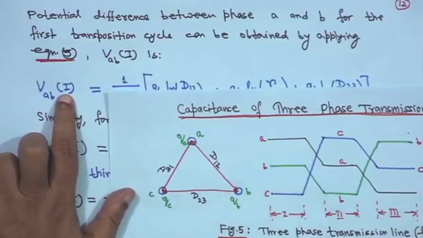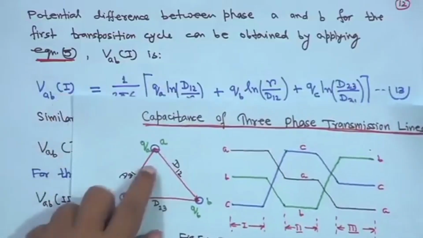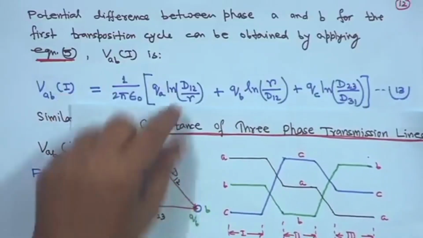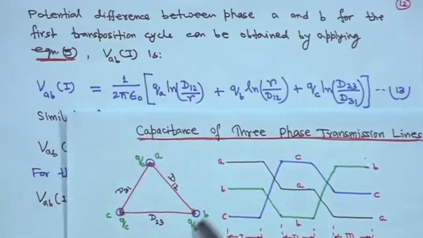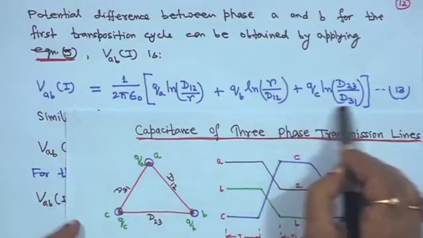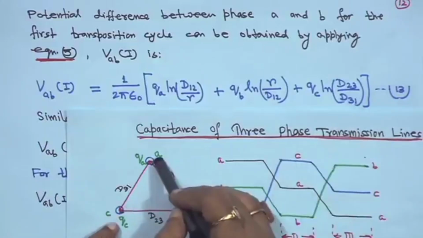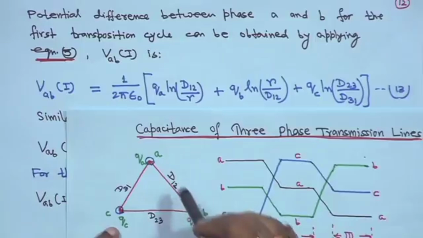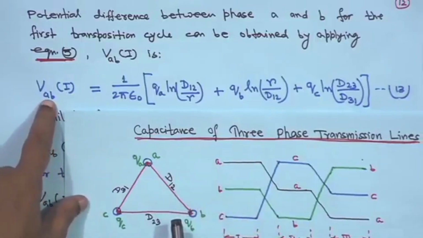Therefore, this will be 1 upon 2 pi epsilon 0 QA ln D12 upon R, where D12 is nothing but DAB, then QB ln R upon D12, and plus QC ln D23 divided by D31, because you want to find the potential VAB.